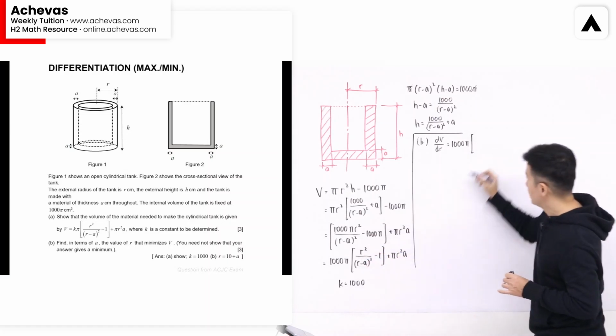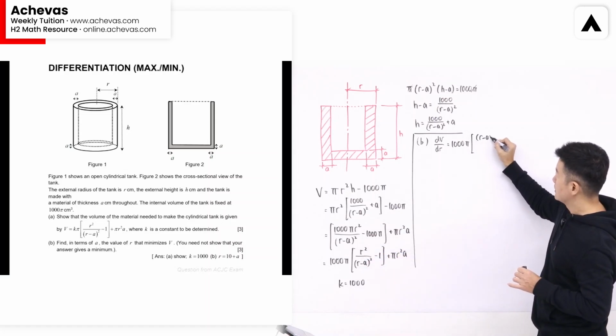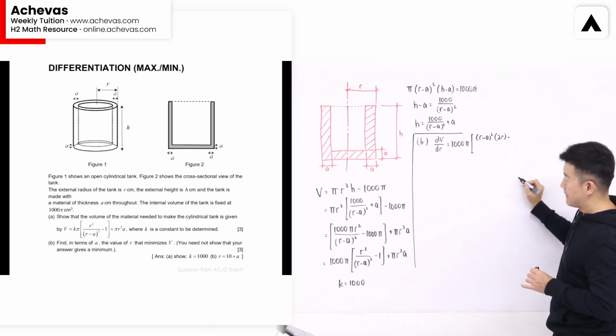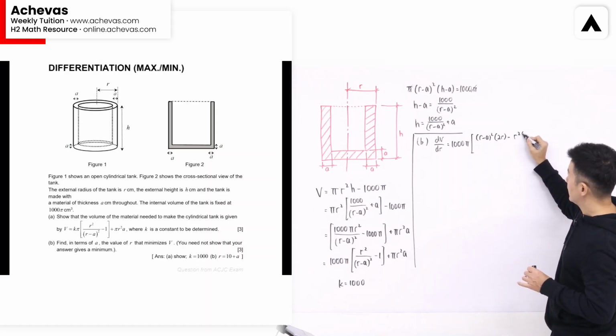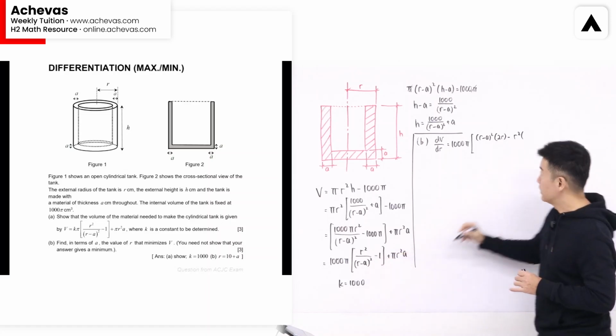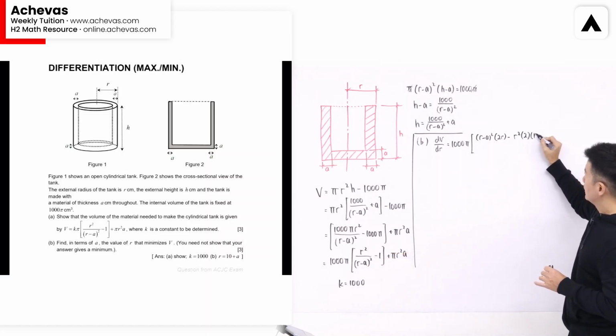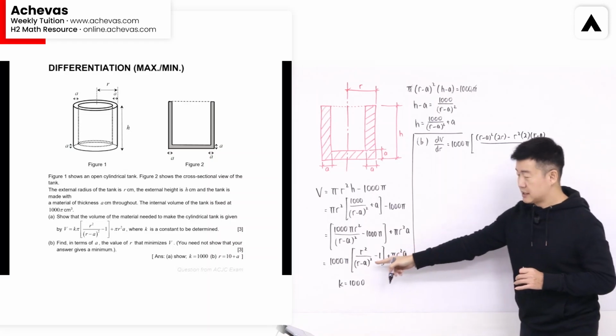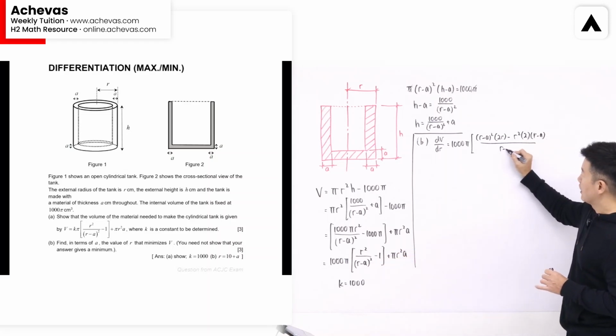So writing the denominator as it is, (r minus a) squared. Differentiating the numerator, we have 2r, minus a, writing the numerator as it is, differentiating the denominator, which is going to be 2 times (r minus a) to the power of 1. Then divided by the denominator squared, which is going to be (r minus a) to the power of 4.